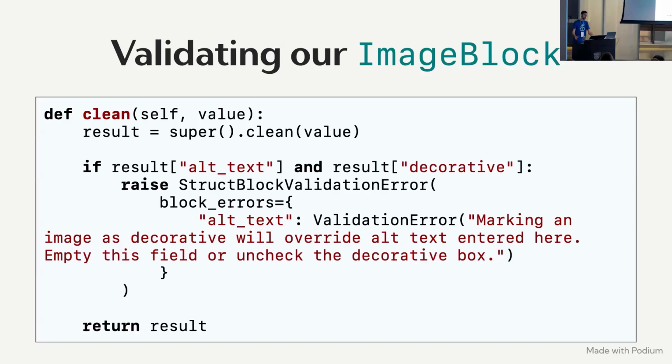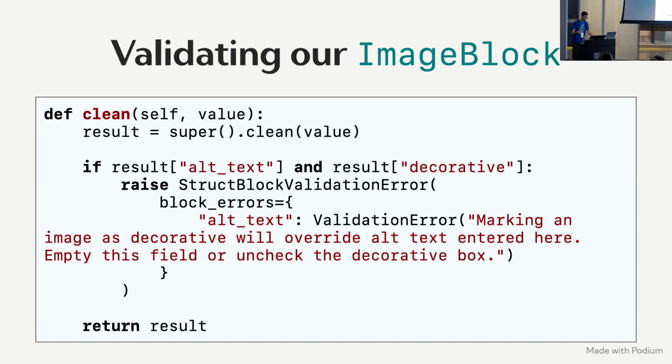If you just raise the simple Django validation error on a struct block, like we did on the previous link block example, then the error message will be presented on the block as a whole. But by instead utilizing struct block validation error, we can present the error message next to a specific child block within the struct block.